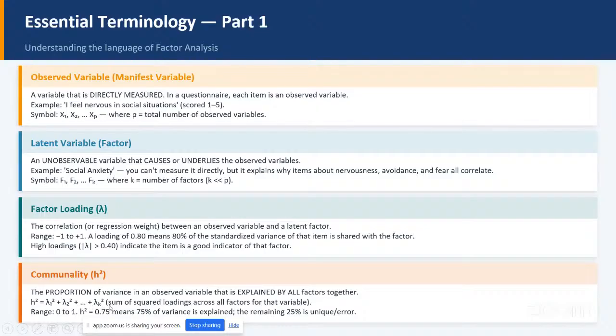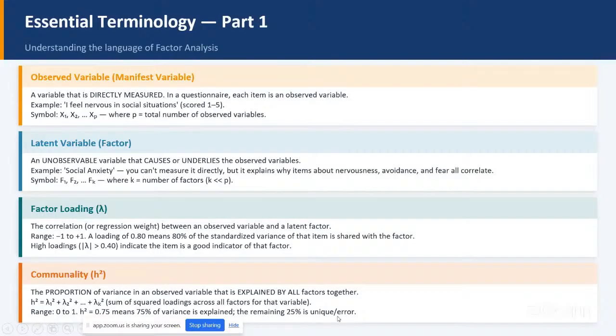Since all of these are positive terms, the range will be from 0 to 1. If h square is 0.75, that means 75% of variance is explained and the remaining 25% is unique or error.